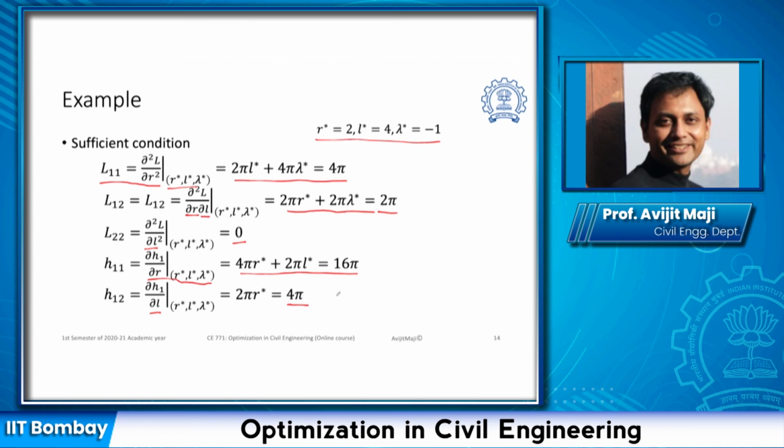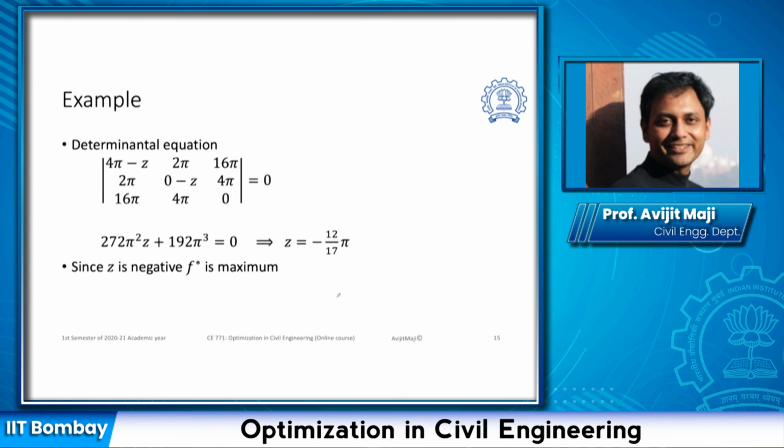Now we need to construct the matrix for the determinantal equation, and if we do the determinantal equation, we can write L11 was 4 pi minus z, then L12 was 2 pi and H11 was 16 pi.